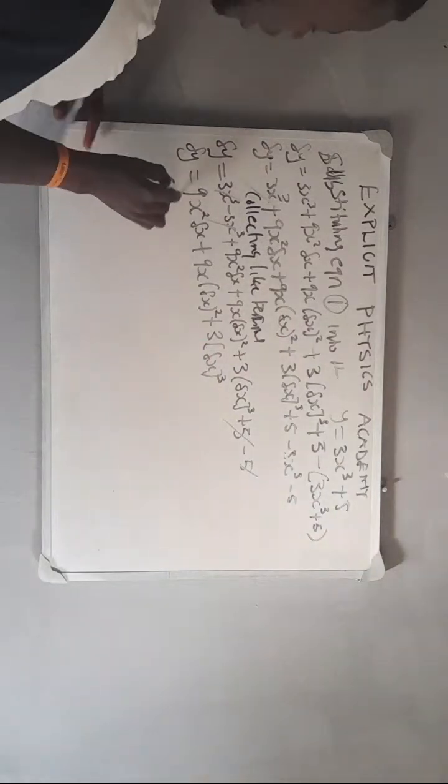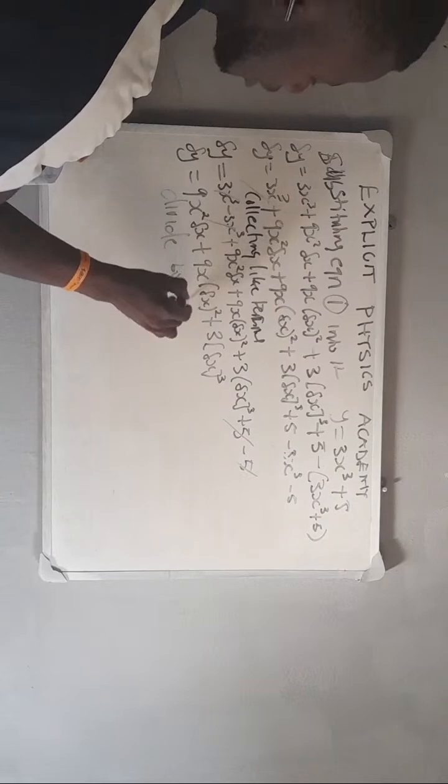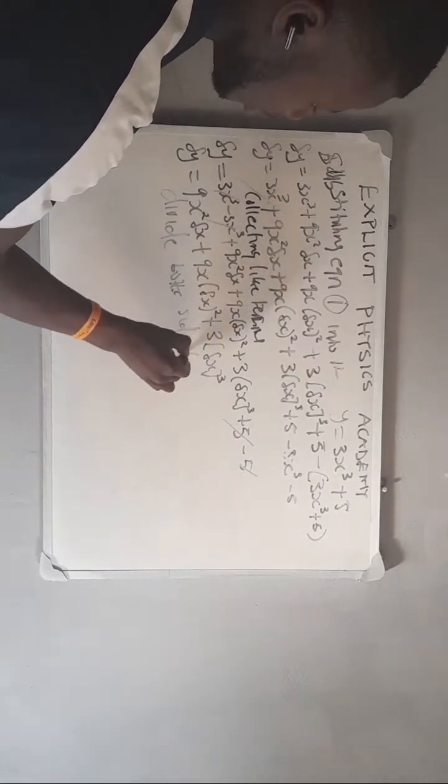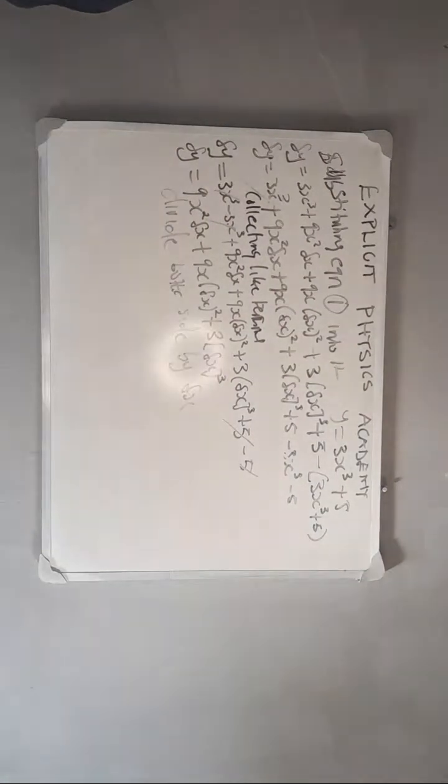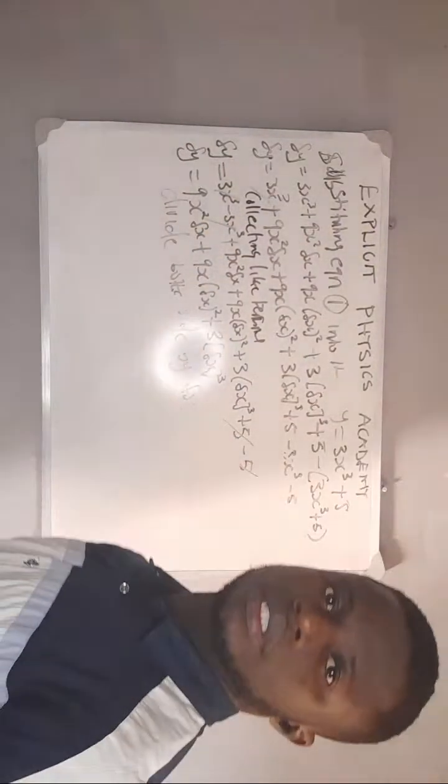When you get here, you now say divide both sides by del x. We are dividing both sides by del x. So let's see what we are going to have to do that.